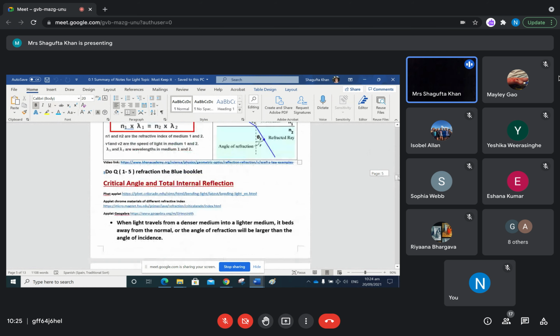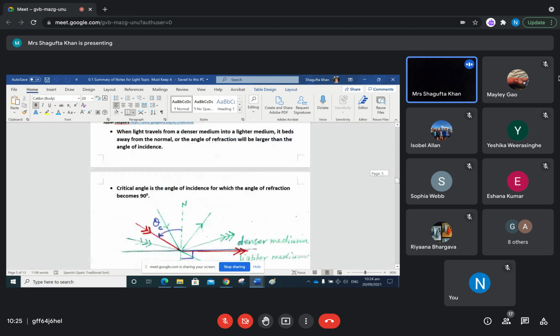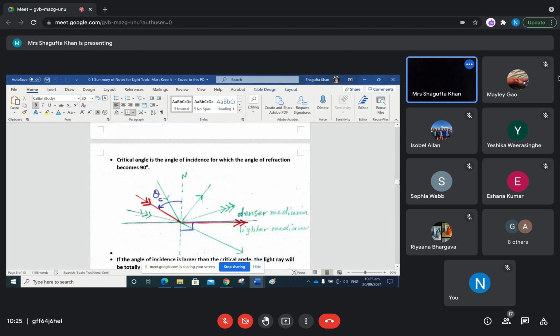Okay, now what do we mean by critical angle and total internal reflection? So say, for example, this is the denser medium like water, and this is the lighter medium, air. For smaller angles, there will be some reflection and there will be some refraction. But at a particular angle, the light will go along here.